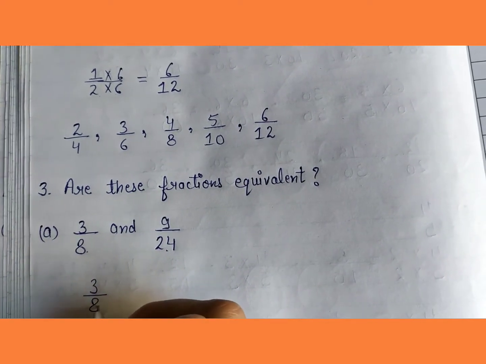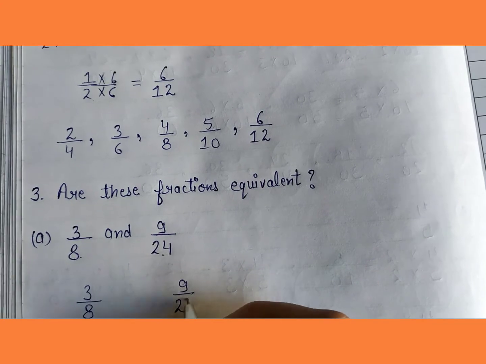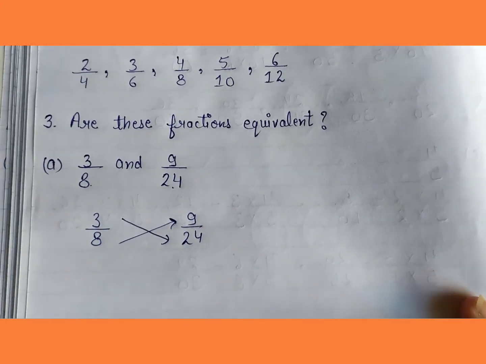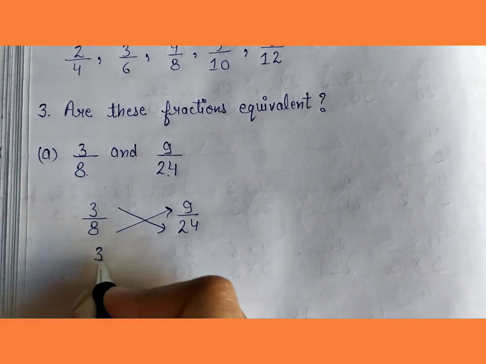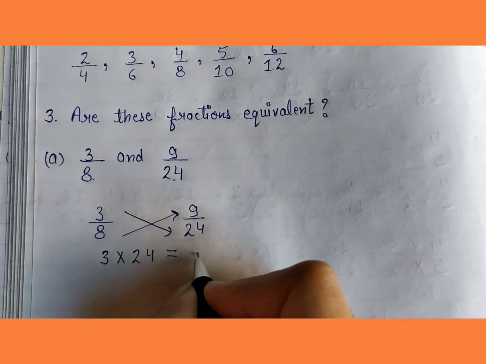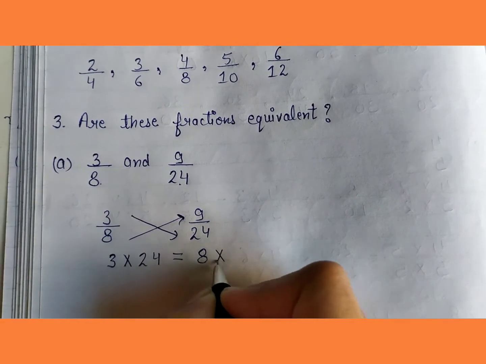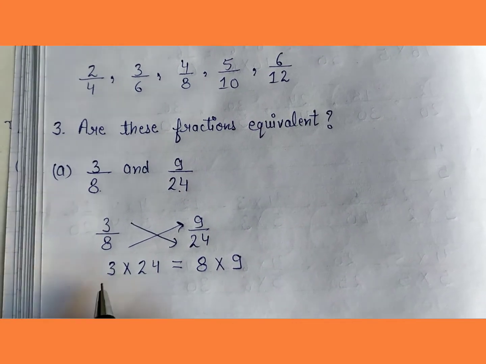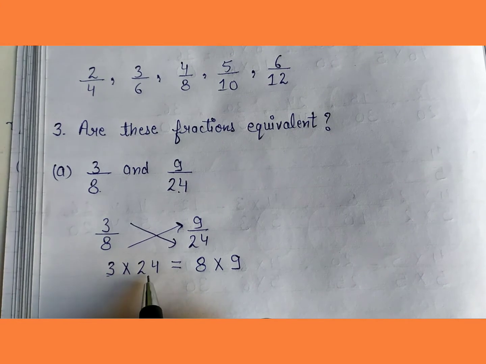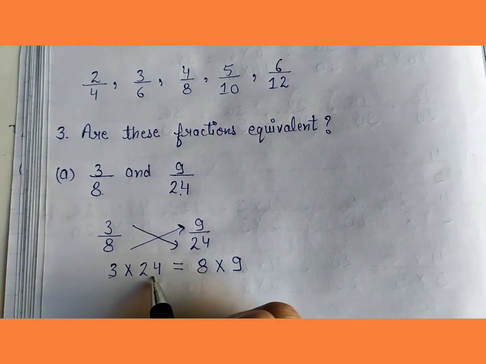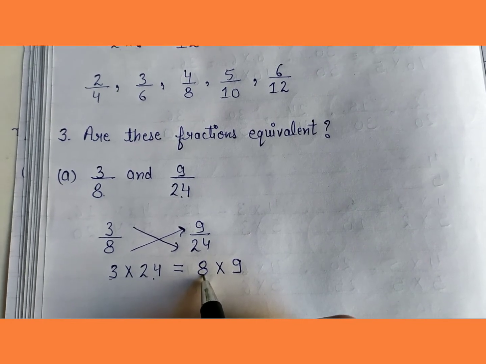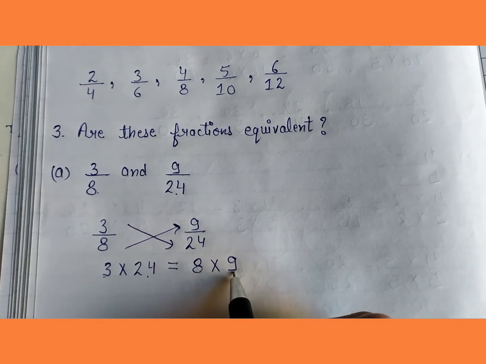Write 3 upon 8, 9 upon 24. Three multiply by 24 is equal to 8 multiply 9. 3 is the numerator of the first, 24 is the denominator of the second fraction, 8 is the denominator of the first fraction, and 9 is the numerator of the second fraction.